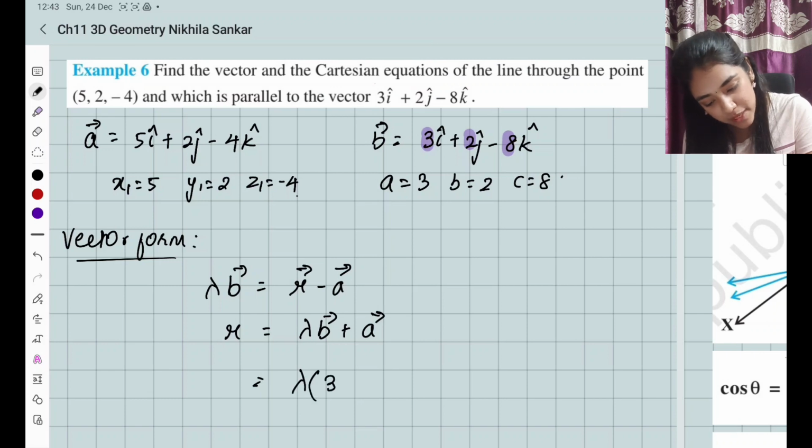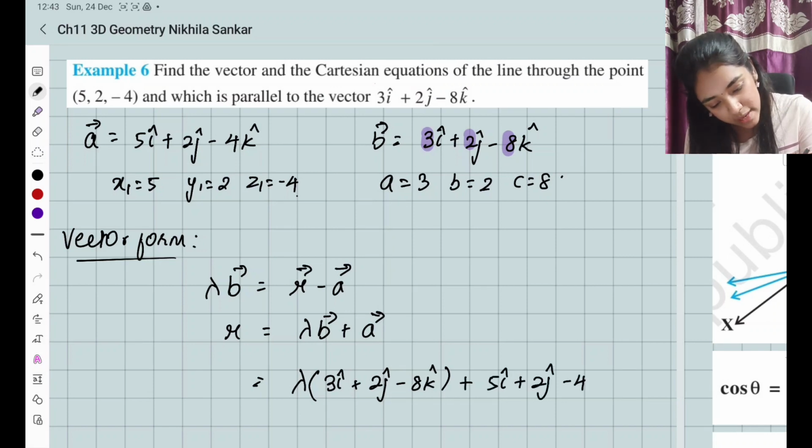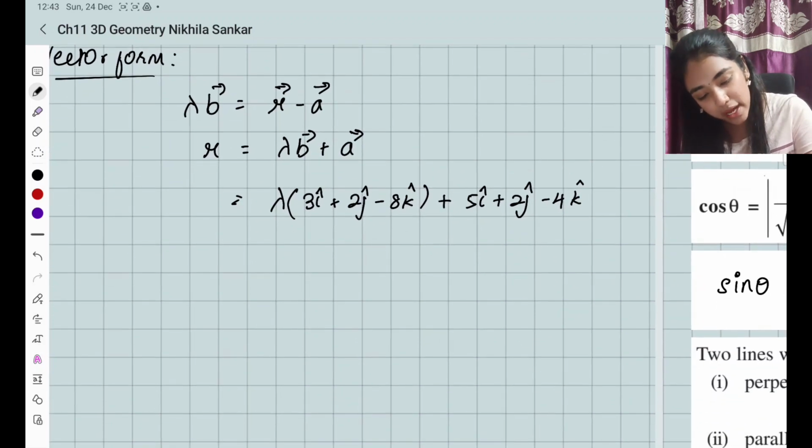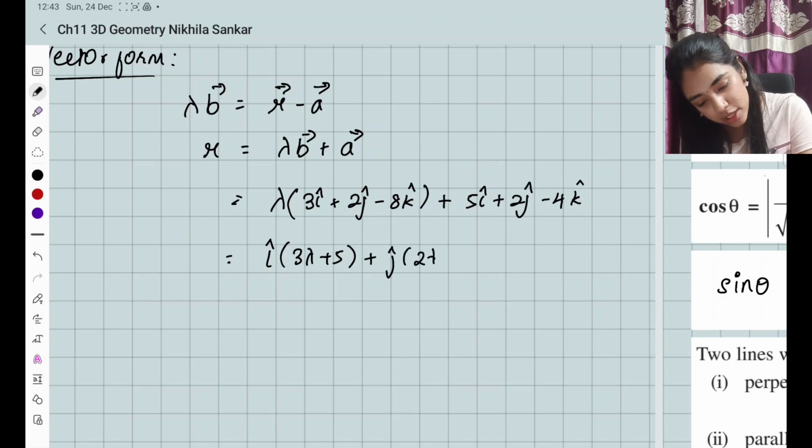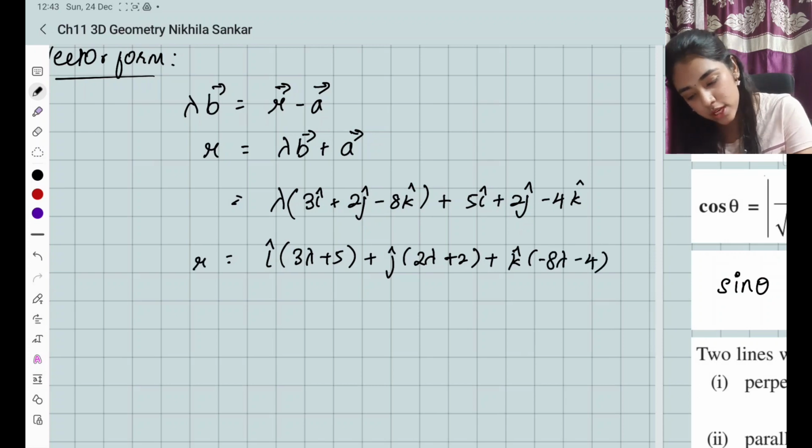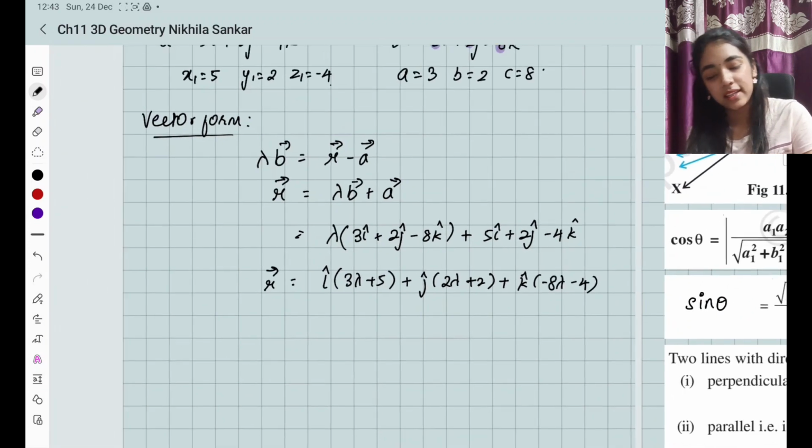So, lambda times b என்ன? 3i cap plus 2j cap minus 8k cap plus a என்ன? It is going to be 5i cap plus 2j cap minus 4k cap. இப்போ i, j, k terms எல்லாம் club பண்ணா I have i times 3 lambda plus 5 plus j times 2 lambda plus 2 plus k times minus 8 lambda minus 4. So, this is going to be my vector r in the vector form.